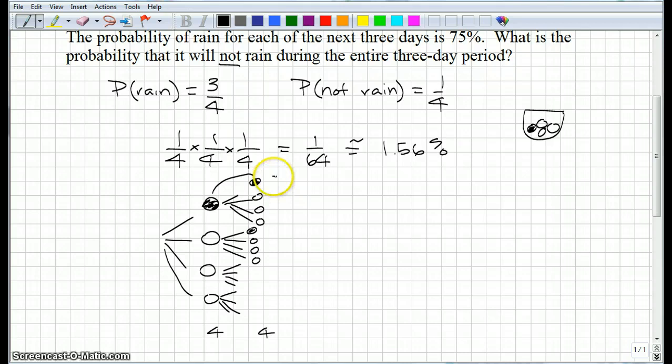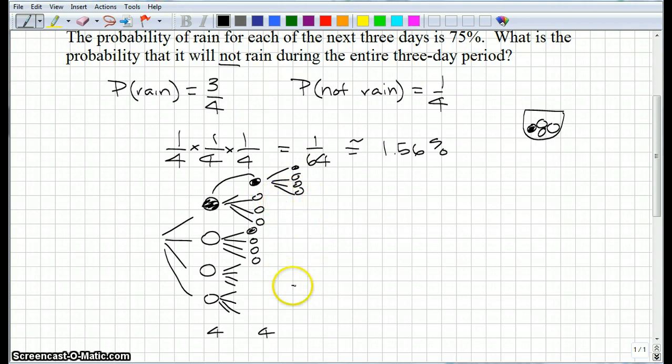And we can add the third day on too. Again, the third day is analogous to throwing all the balls back in the bag and pulling out a ball. You have a 1/4 chance that it will not rain and a 3/4 chance that it will.